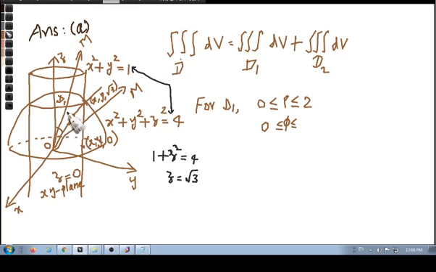So tan of this angle is equal to root 3 divided by... what is this angle?